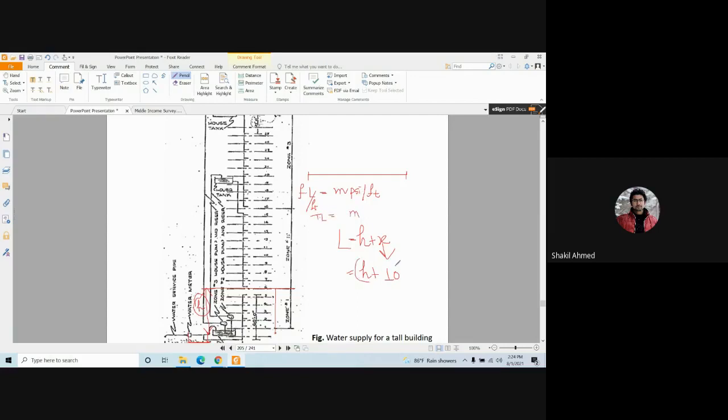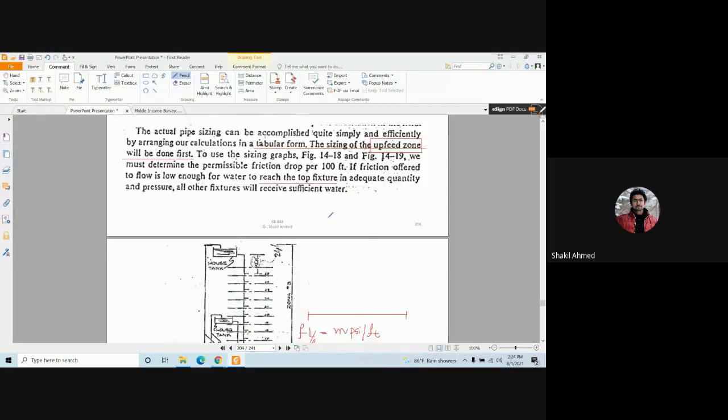So how many feet do you have? L, right? m into L, equals m into H plus 10. 10 is not a fixed number, I'm just giving it for demonstration purposes. So total loss due to friction is m into H plus 10.